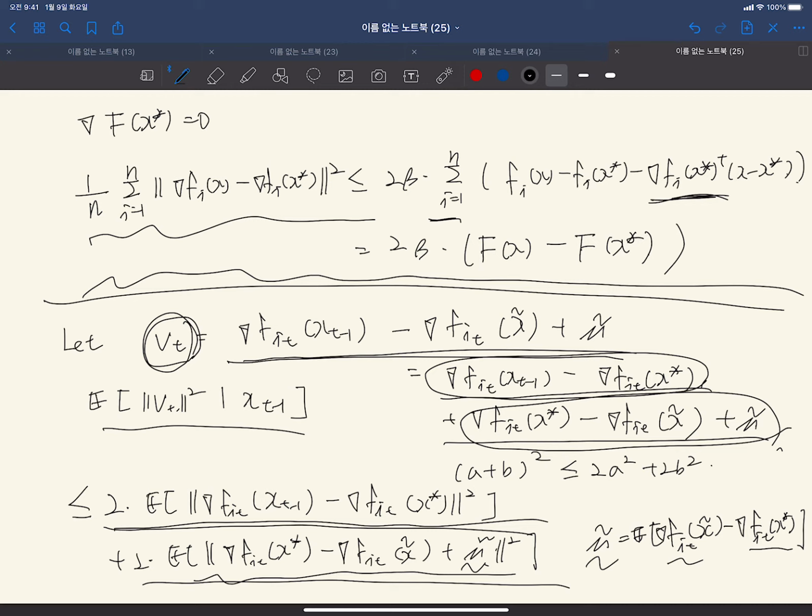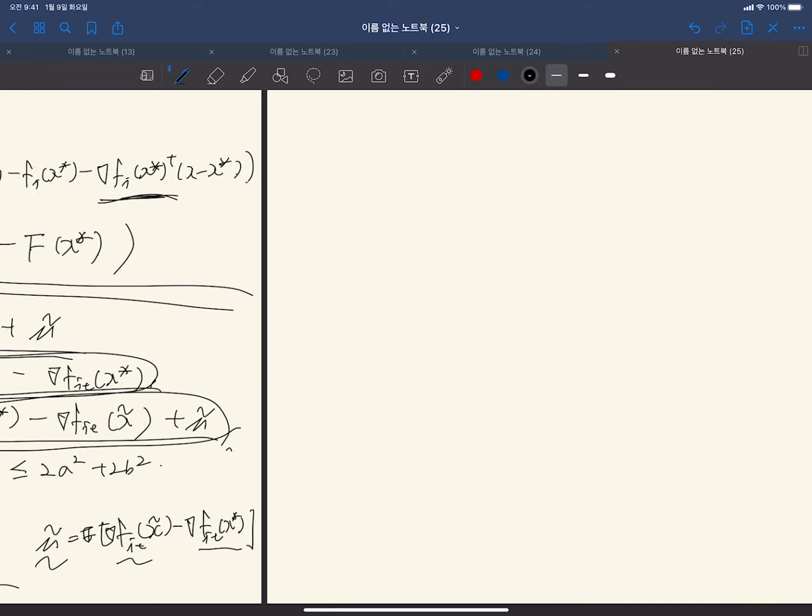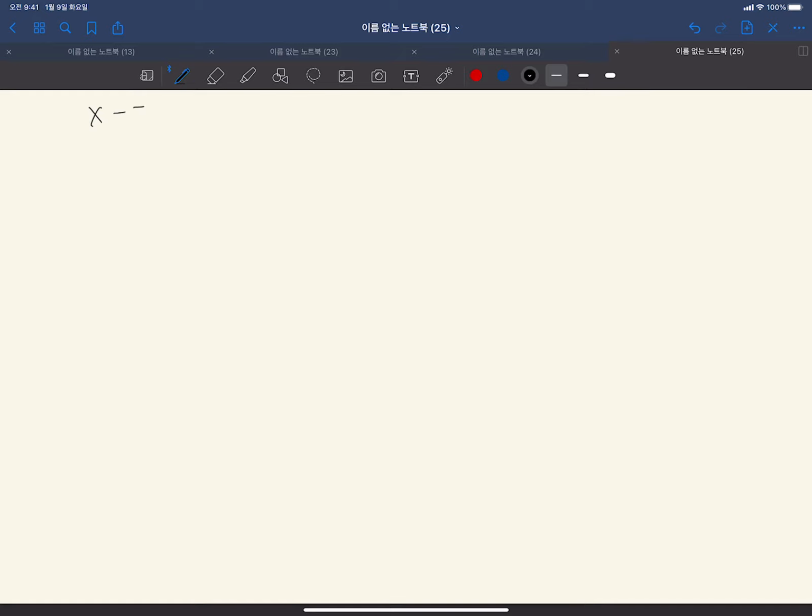And when we have this expectation, and this is the minus of a random variable having expectation mu tilde, basically, when you have a random variable x, the expectation of the norm square of x minus its expectation is always upper bounded by the expectation of the norm square of x.